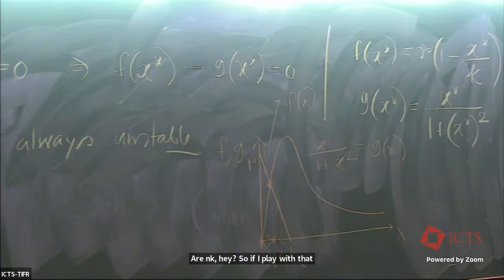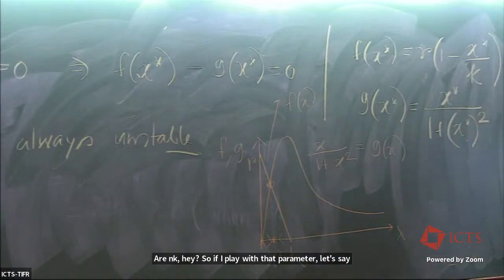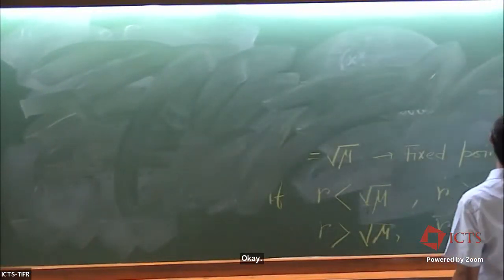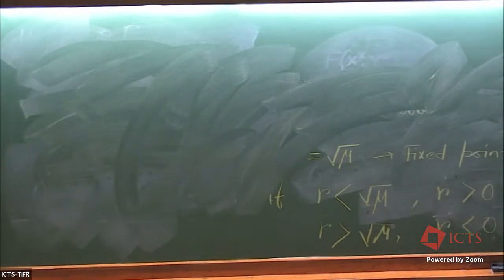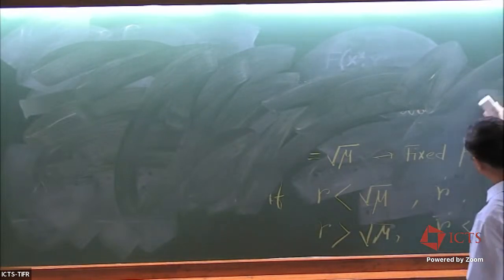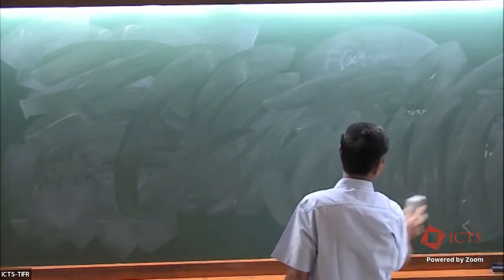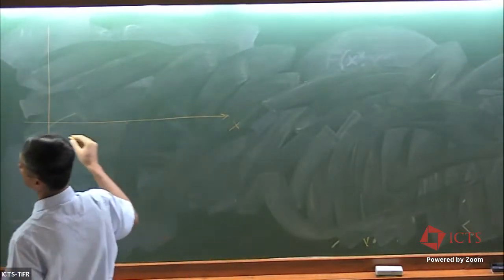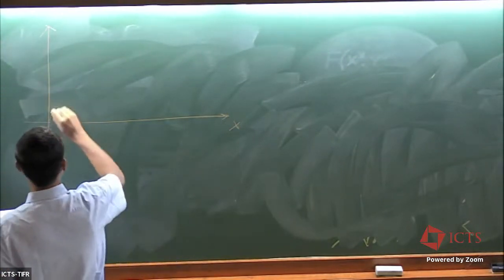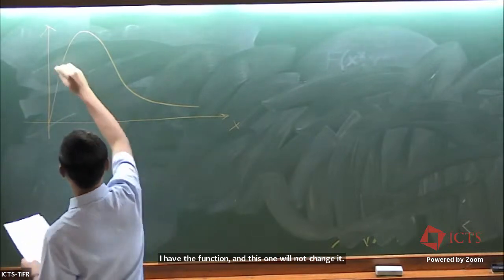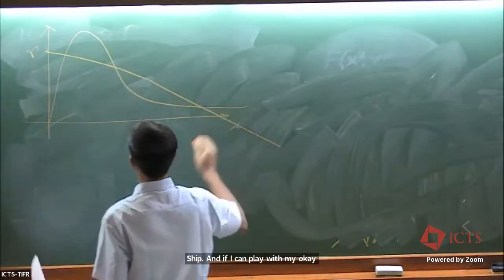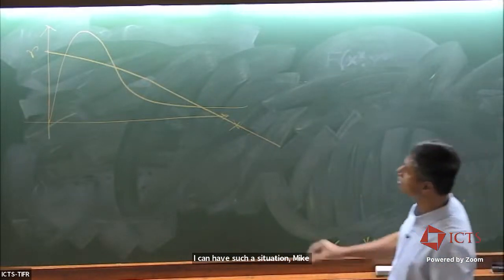So if I play with that parameter, let's say k, here I have the function and this one will not change its shape, and if I play with my k, I can have such a situation, right? So this is now my k.